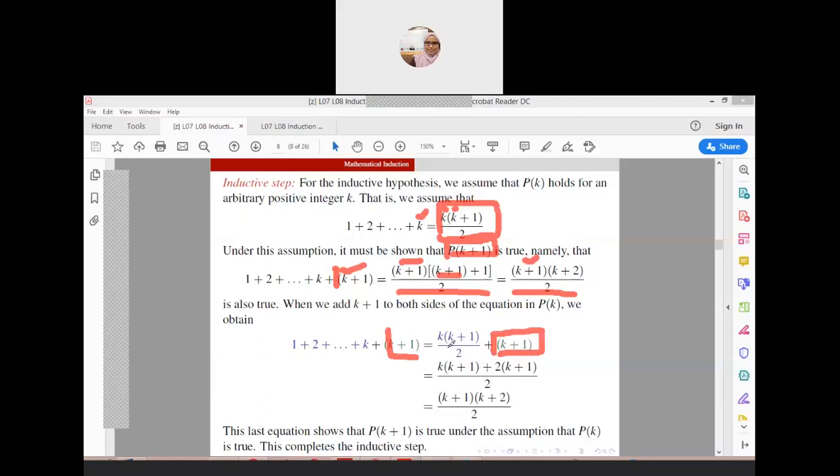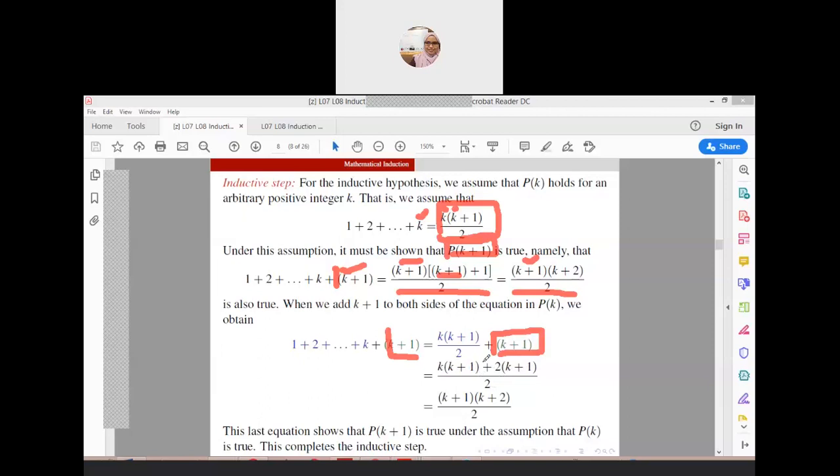So here the denominator is 2, right? So we have to put the denominator 2, then here we have to times 2. This is like solving a fraction. So k plus 1 times 2, k plus 1 divided by 2.